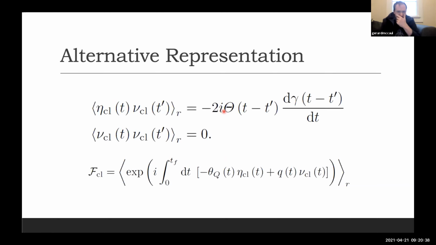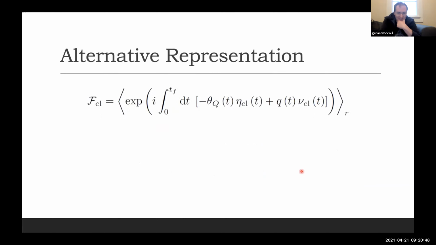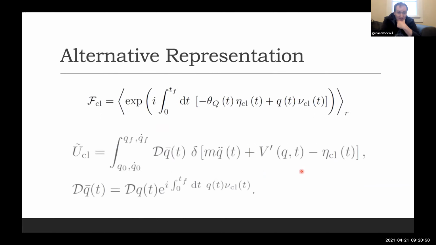And the way of understanding this is that, okay, I've now got my two noises, but if you look at this second term, this still isn't the form of an effective equation of motion. But when I look at what the propagator corresponding to this classical influence functional actually is, I've got a path integral where I've got a delta functional that describes a Langevin equation without friction this time, just like I saw in the heuristic classical limit.